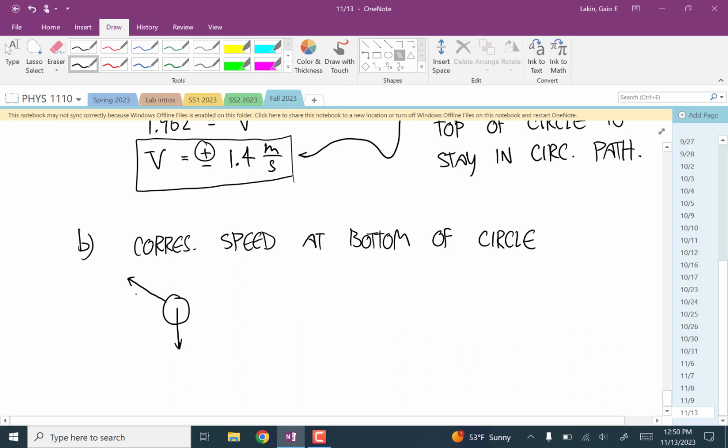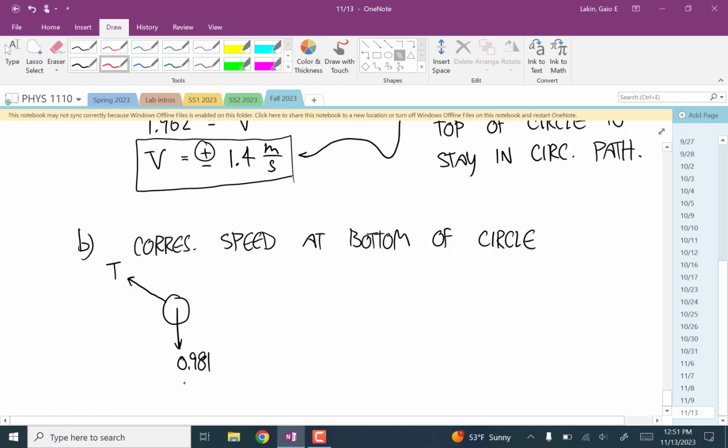At some point between the top of the circle and the bottom of the circle, you'd have a cable force like this. You'd have a weight force of 0.981. So let's think about, are we able to use conservation of mechanical energy in this case?